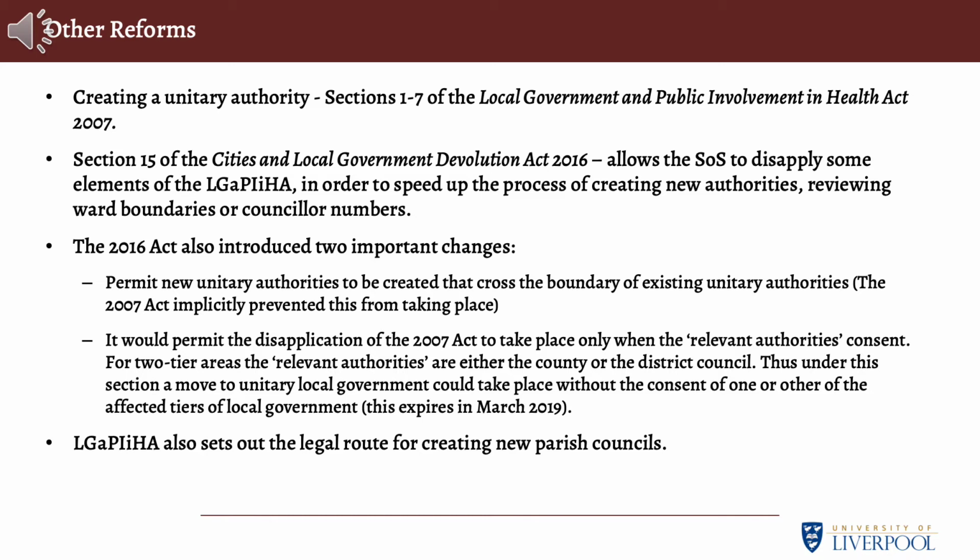And what was even more interesting, I think anyway, is the 2016 Cities and Local Government Devolution Act allowed for only one council to have to say it wants to become a unitary authority for it to take place. So it used to be the case that you needed the county and the district council to agree, but now you only need, you only needed for a period of time, one council to agree.